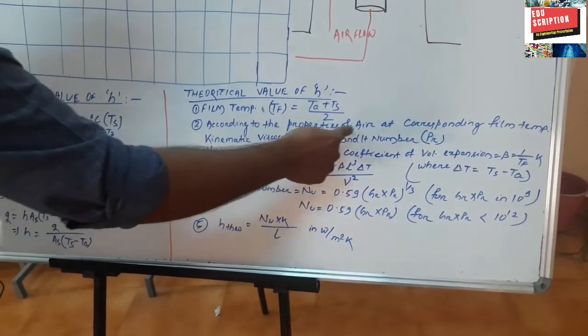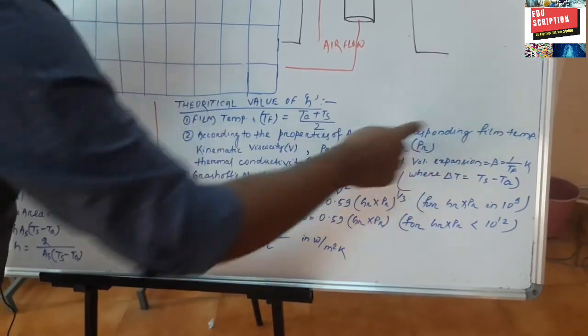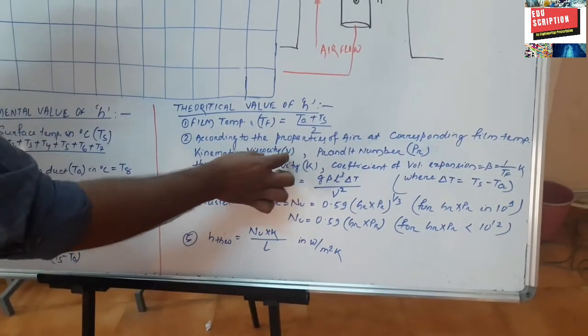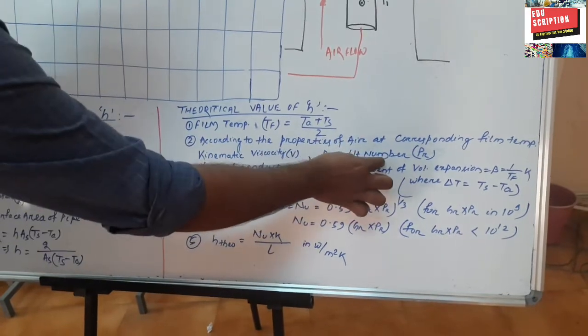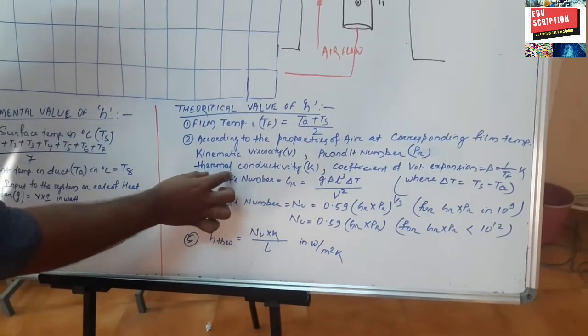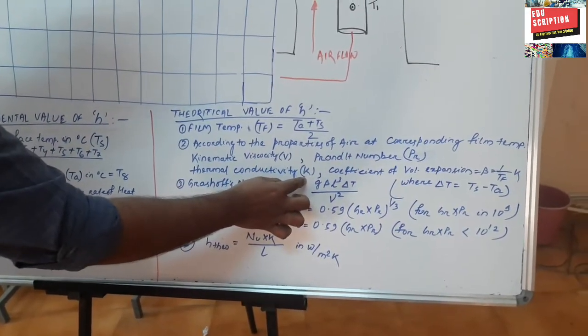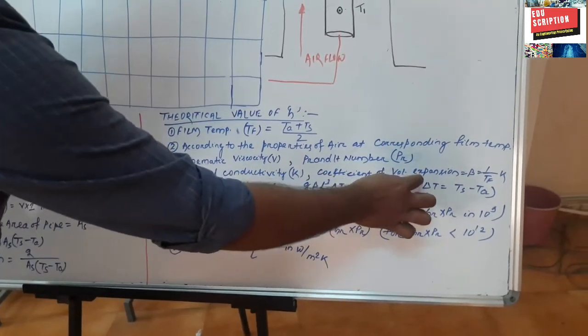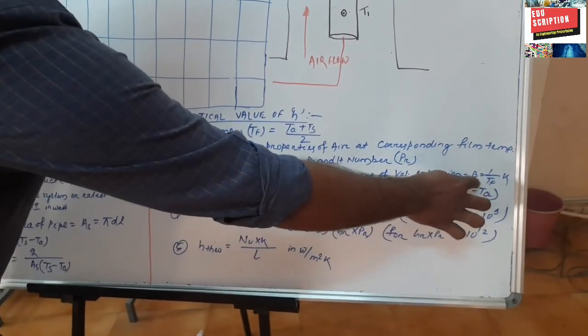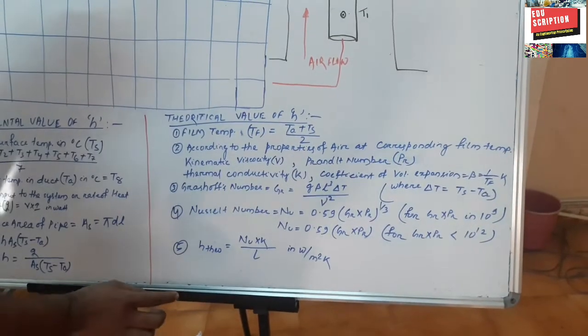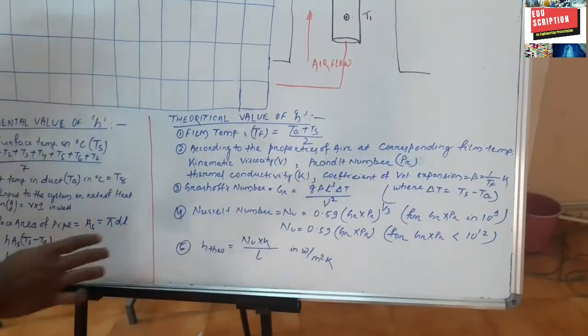According to the properties of the air at the corresponding film temperature, the kinematic viscosity is going to be found out, then Prandtl number, and then thermal conductivity, that means K value, and coefficient of volumetric expansion, that is beta, equal to 1 by Tf in degree Kelvin is going to be found out.